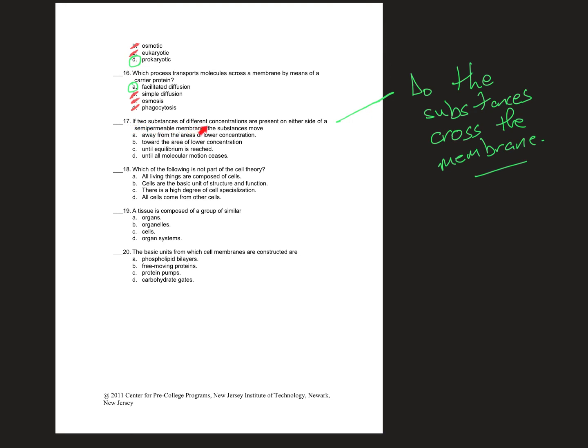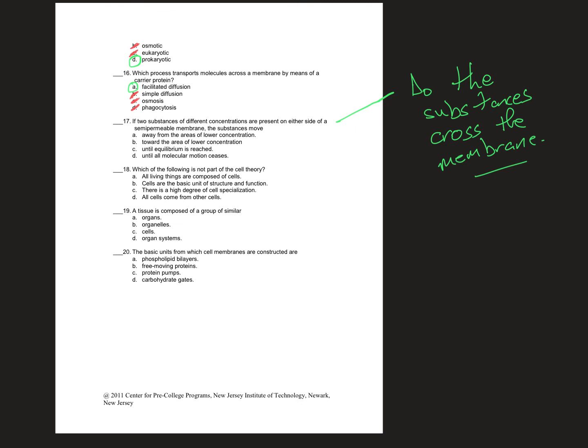If the two substances of different concentrations are present on either side of a semi-permeable membrane, the substances move away from the areas of lower concentration toward the area of lower concentration until equilibrium is reached, until all molecular motion ceases.